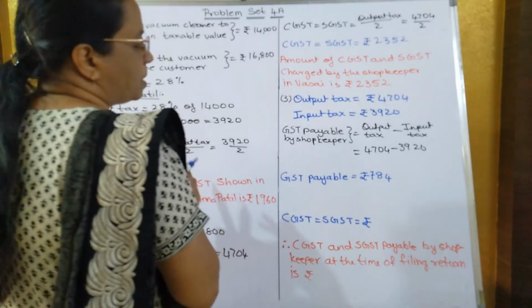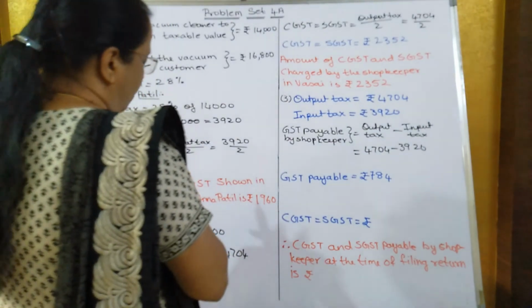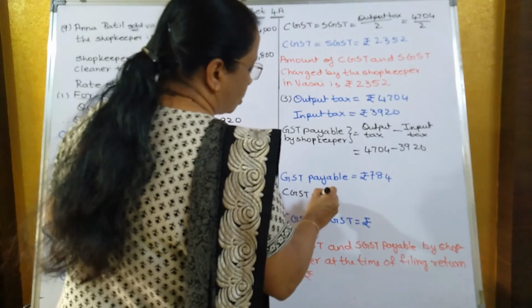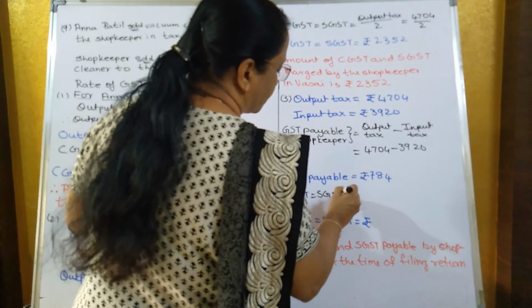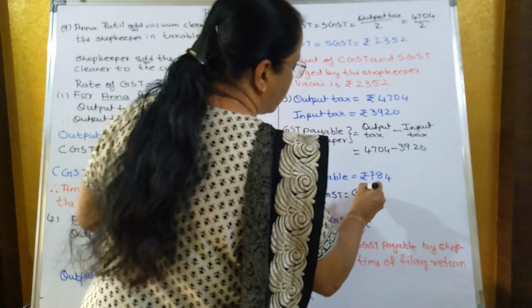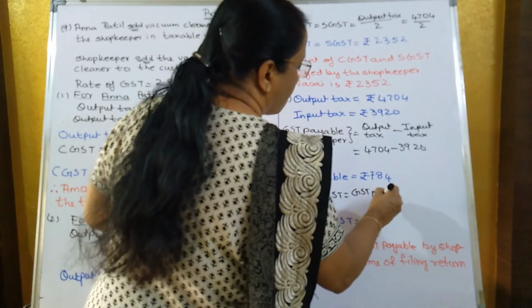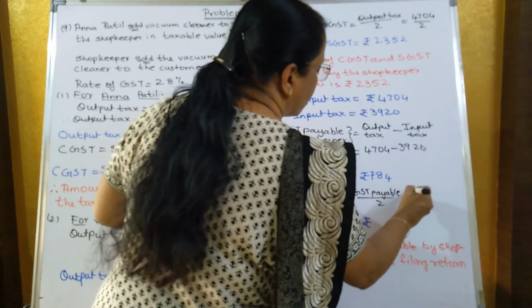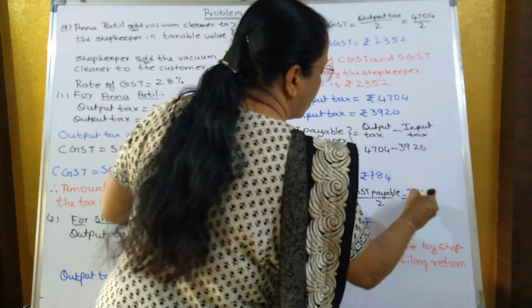784. So rupees 784. So what is CGST and SGST? CGST is equal to SGST is equal to GST payable divided by 2. That's equal to 784 divided by 2.